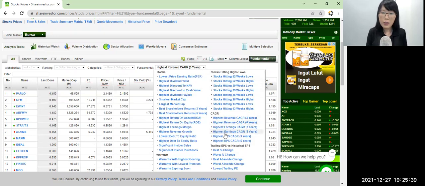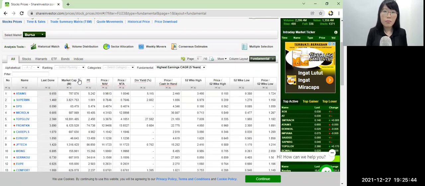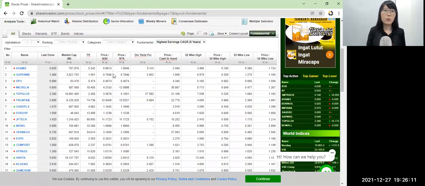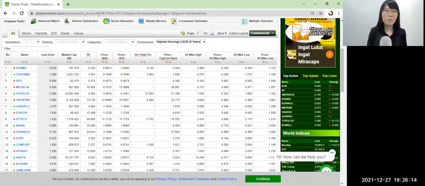While for the highest earnings CAGR for the past 5 years, you can see that ATA IMS has the highest earnings CAGR for the past 5 years. The next one is Supermax, and so on. This function really can help us to save a lot of time to find all this information. Do you guys find this very helpful to you? I think so, yeah, okay.